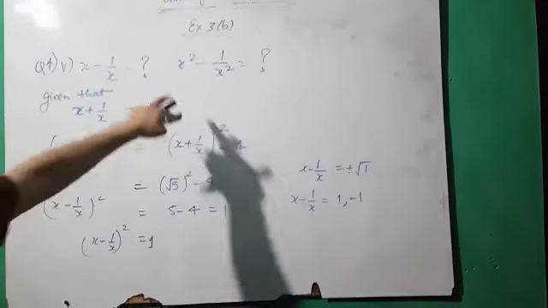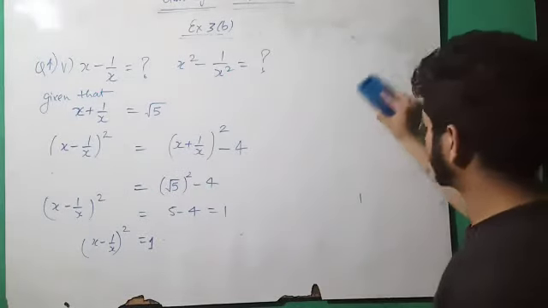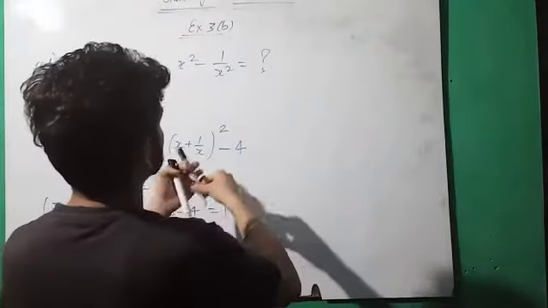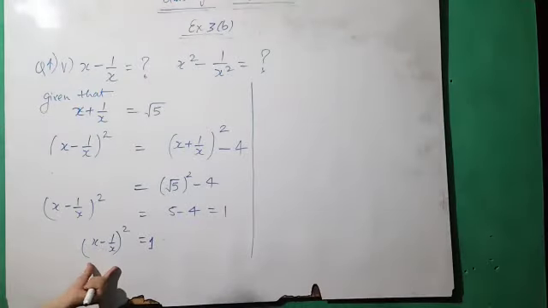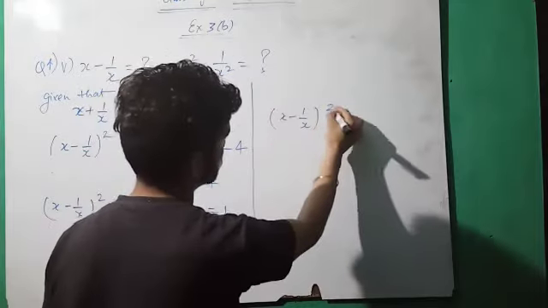Now we have to find out x square minus 1 by x square. For this we have to take the help of this equation: (x minus 1 by x) whole square equal to 1.